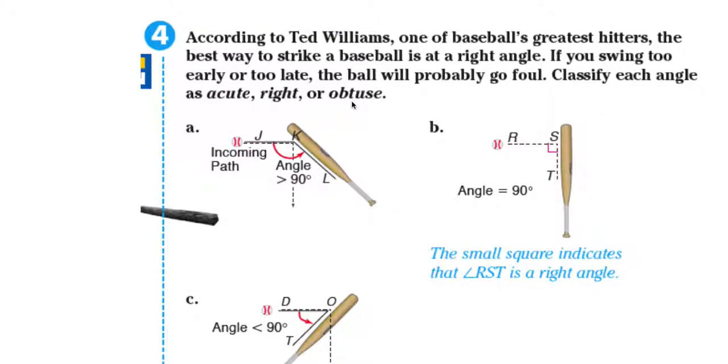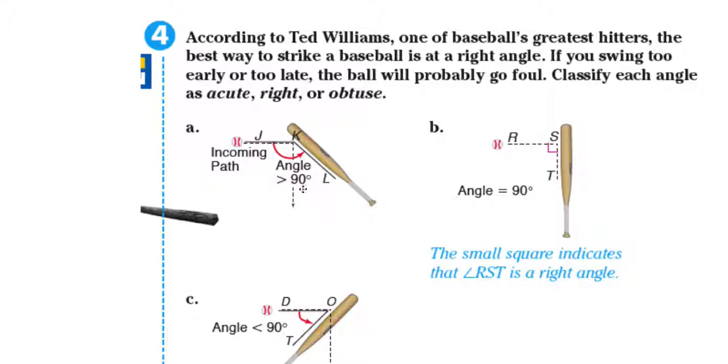According to Ted Williams, one of baseball's greatest hitters, the best way to strike a baseball is at a right angle. If you swing too early or too late, the ball will probably go foul. Classify each angle as acute, right, or obtuse. If you look at this one, the angle created by the bat is greater than 90 degrees.